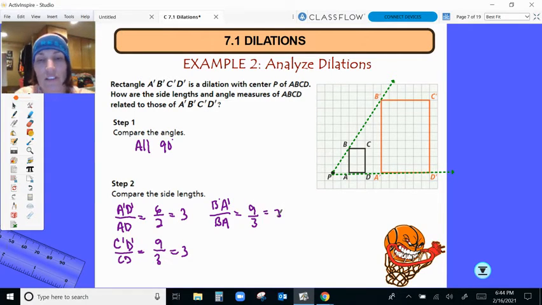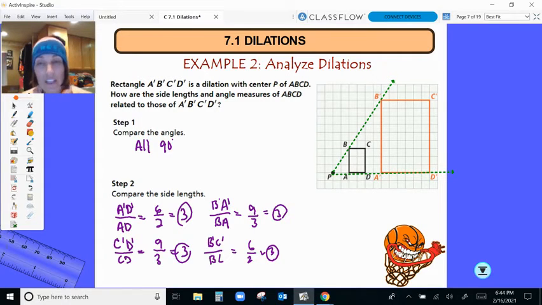It's like a rectangle. Not like, it is a rectangle. And then if I compare my B prime, C prime to BC, that's also equal to 6 over 2, which is also equal to 3. So this is my scale factor right here, which is 3. So my A prime, B prime, C prime, D prime is 3 times bigger than my original A, B, C, D. Okay?